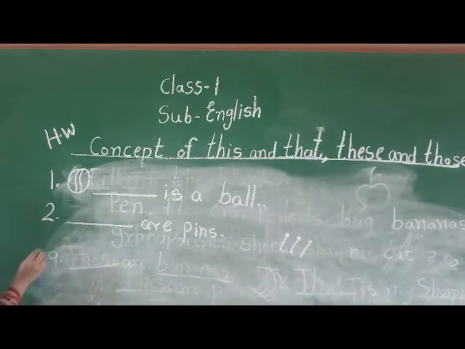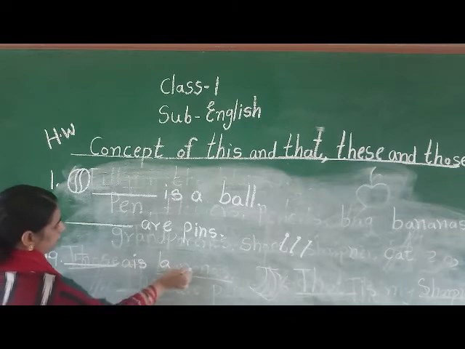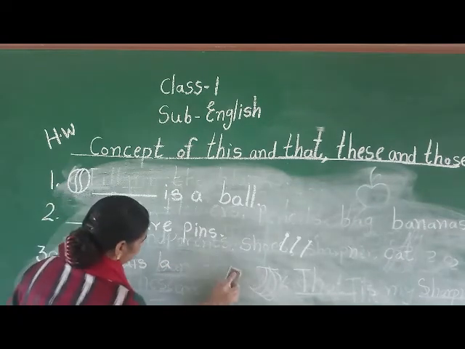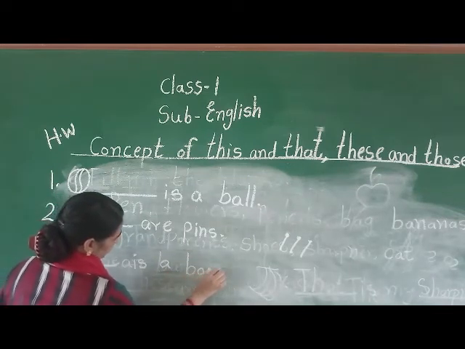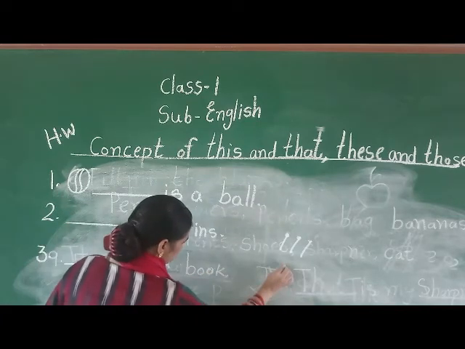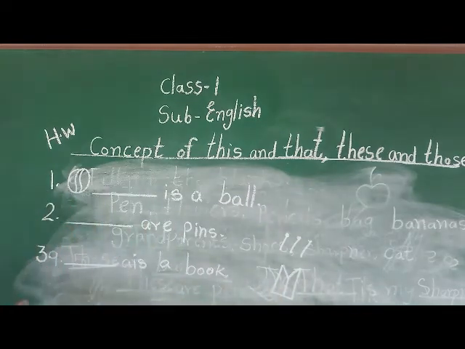Number 3, dash is a book. I am going to draw one book and it is far away from the sentence here. Okay. Number 4.